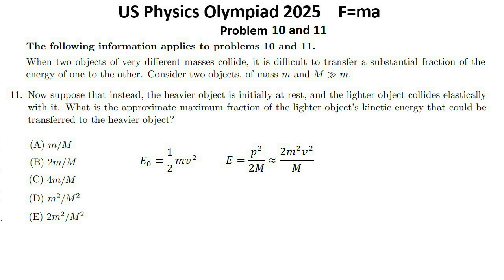Then the kinetic energy E of the heavier object is p squared over 2 big M, which is approximately 2 small m squared v squared over big M. Thus maximum fraction E over E0 is approximately 4 small m over big M. Which is answer C. That was solution for problem 11.